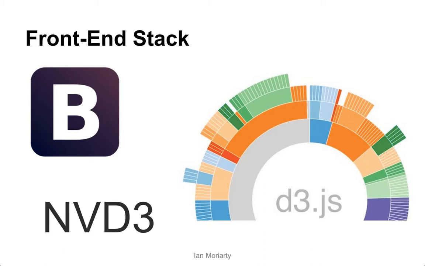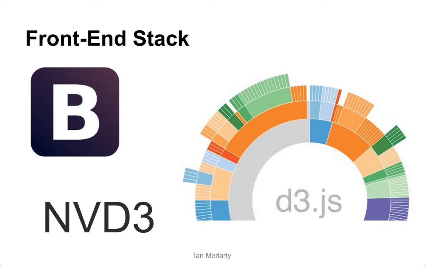And like I said, I want to make this accessible to the user, so I'm using a front-end stack, which is Twitter Bootstrap for just markup and CSS, and D3, which is a charting and a document language. It's a pretty extensive library to make dynamic documents, as they call them, which are data-driven documents.